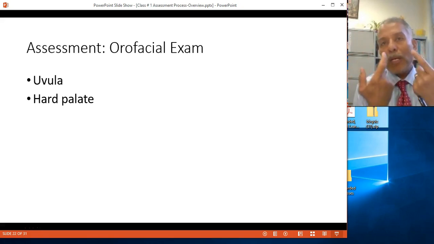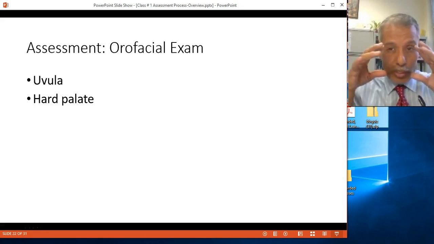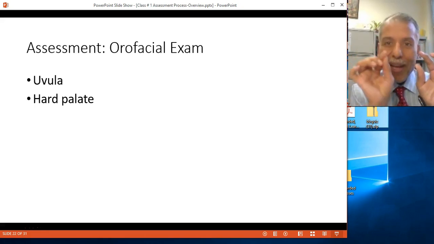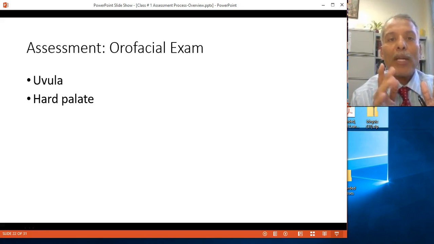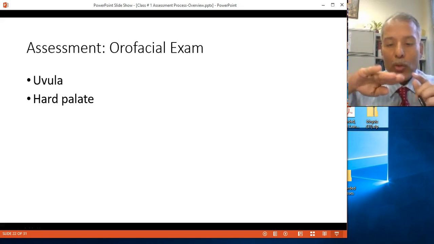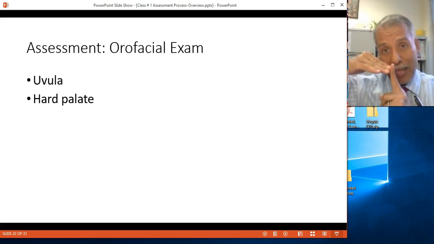When the tissue fuses, it might leave an opening. If that is the case, we call it a fistula. It means that there's a hole between the premaxilla and the hard palate.